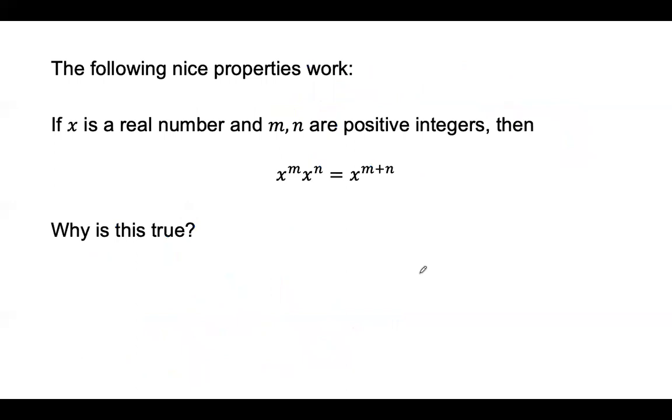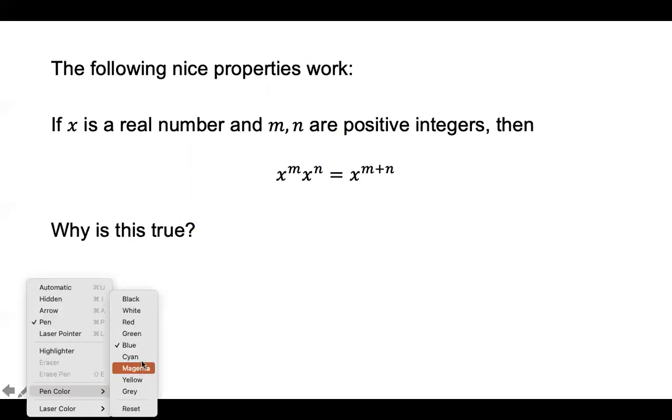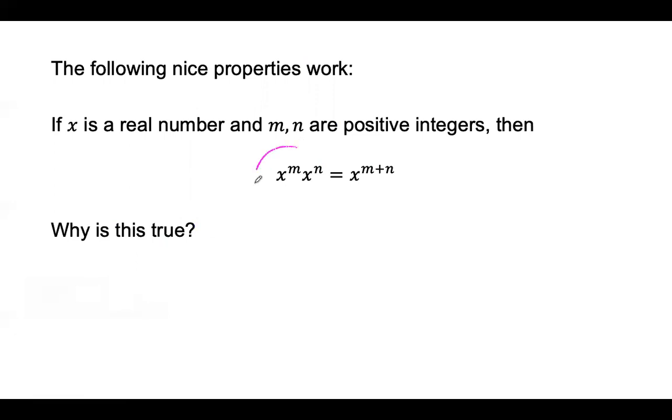So the following nice properties work essentially. So let's come up with a formula. If x is a real number and m and n are positive integers, so we're first going to analyze the positive integer case, then we essentially get this formula here. So x to the power m times x to the power n is equal to x to the power of the exponents added together.